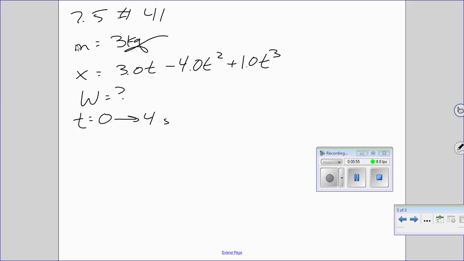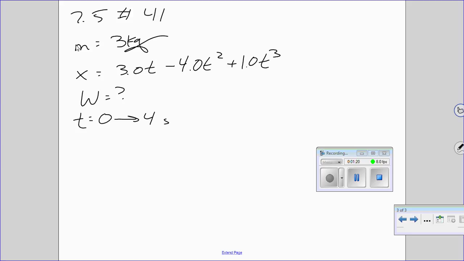Thoughts? Anybody figure this out? Okay, you're totally in the right neighborhood. So you're saying take a derivative to find the velocity, take a derivative to find the acceleration, and then do mass times acceleration to get force.